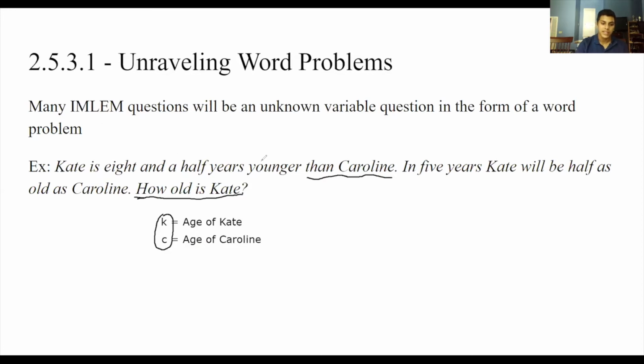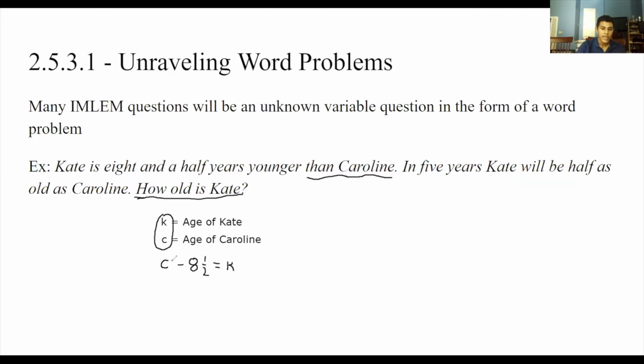based off that, because it's giving us information about their two ages relative to each other. So it says Kate is 8.5 years younger than Caroline. So if I were to try and create an equation out of this, it would look like this. C, Caroline's age, minus 8.5 equals K, because it's telling us Kate is 8.5 years younger than Caroline.